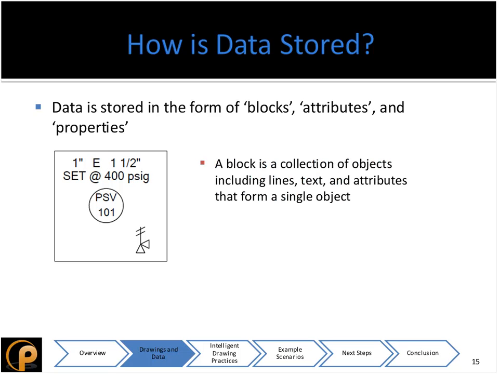So a block is a collection of objects within your drawing, including lines, text, attributes, that form one single object, right? So in this case, you have your PSV block. You can see you have the data associated with that PSV, the PSV tag, and then the actual symbol of the valve. And all of those are associated together.